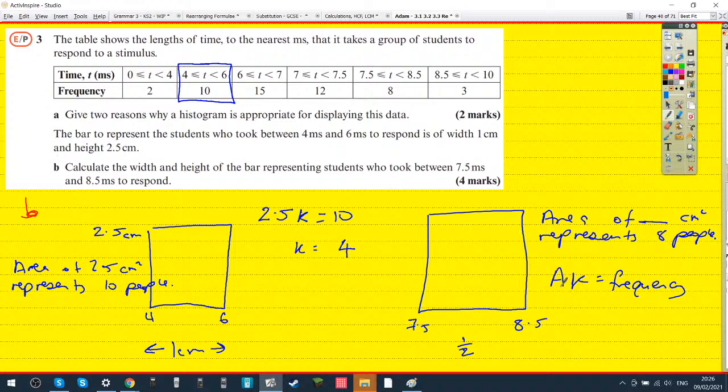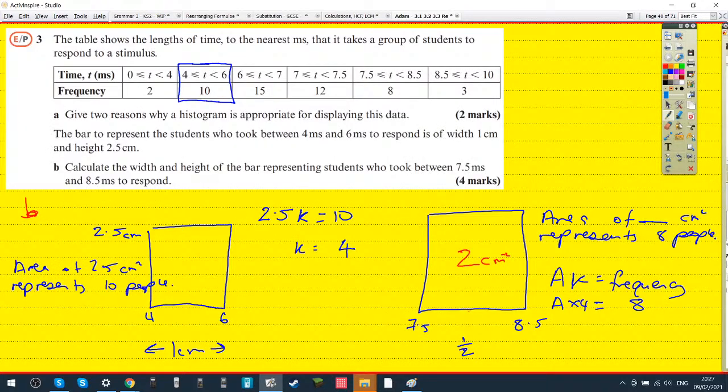We don't know the area, but we just found out that K is 4, and we know the frequency is 8 people. So you divide by 4 on both sides, which gives you 2. And so the area is 2 centimeters squared and the width is a half.